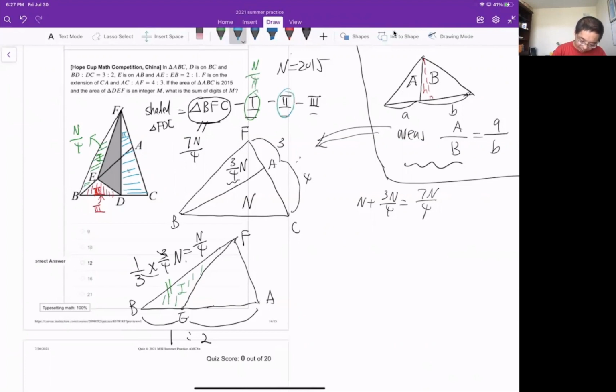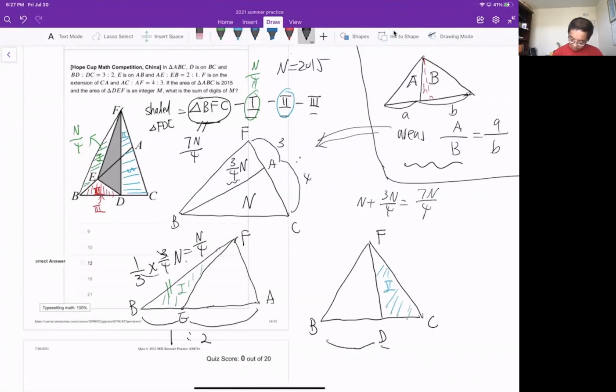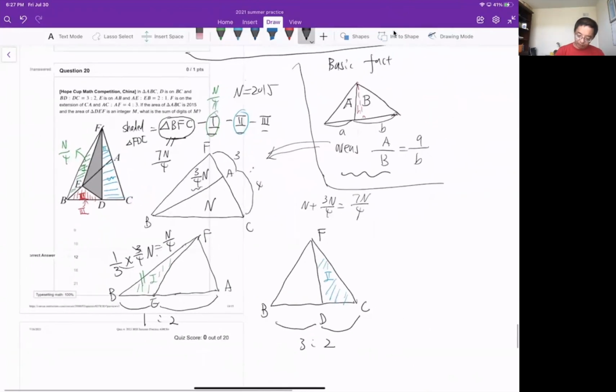So let's calculate this one. This one is the whole thing, right? So if we put it here, this is B, and this is F, and this is C, and here we have D. Okay, so this is the second part. Now we know the ratio of BD to CD, right? So this is 3 to 2. Okay, so from here we get this part will be the total, right?